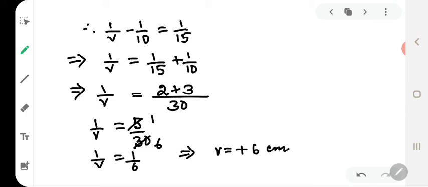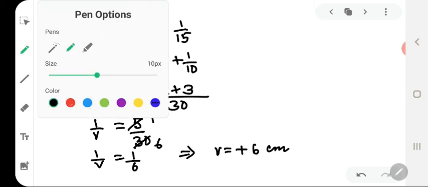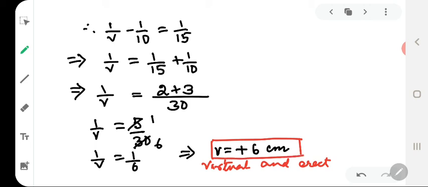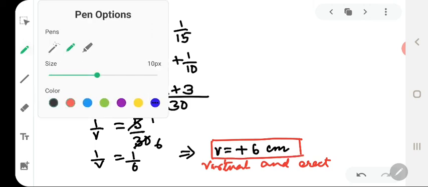Since the image is formed behind the convex mirror, its nature will be virtual and erect. To find the size of the image, we will calculate the magnification first. So m is equal to minus v by u.